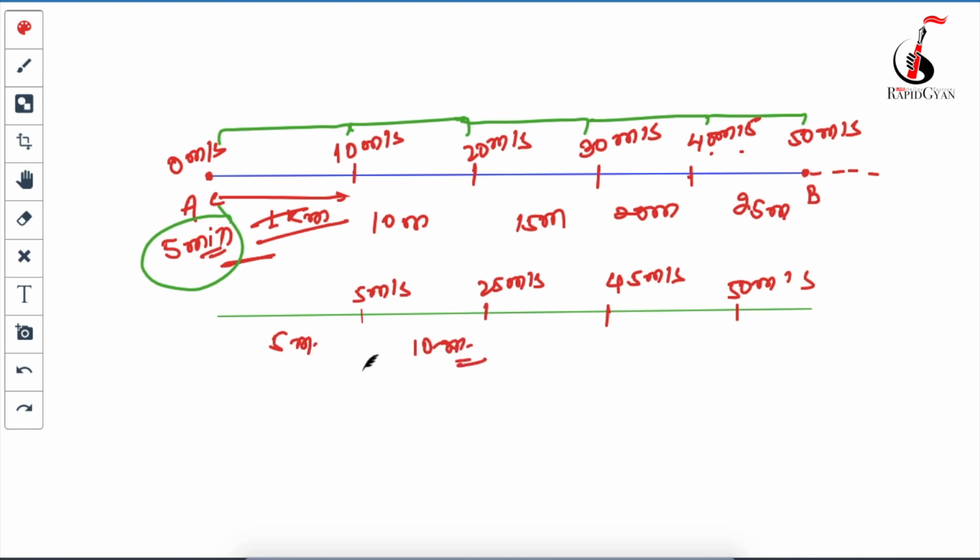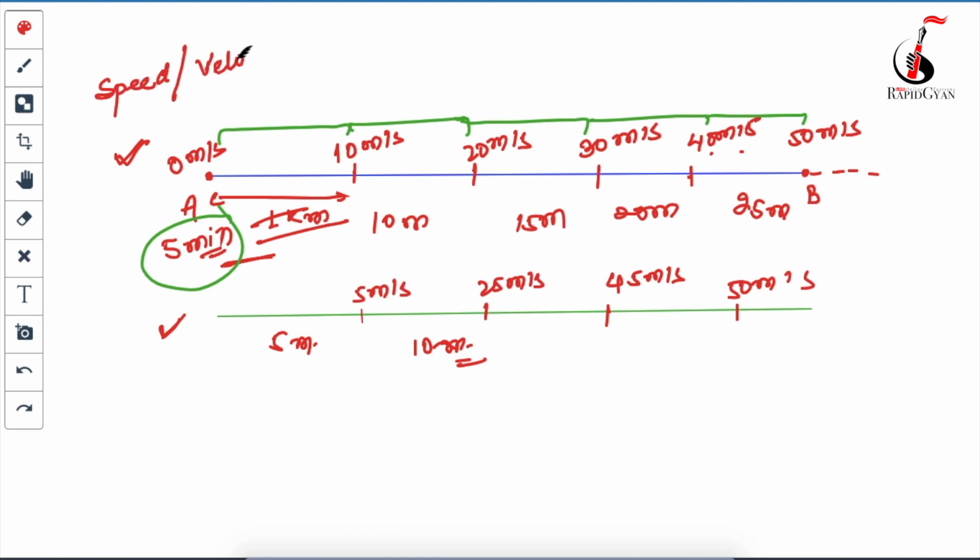In both the cases there is an increase in speed over time. And since you are traveling in a straight line, your speed is called velocity.